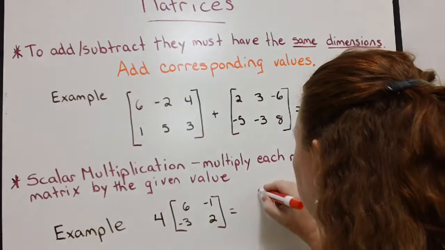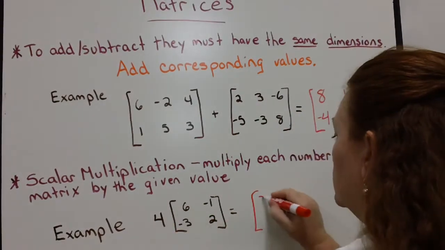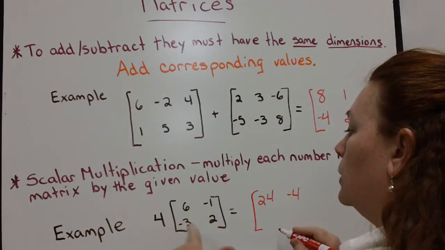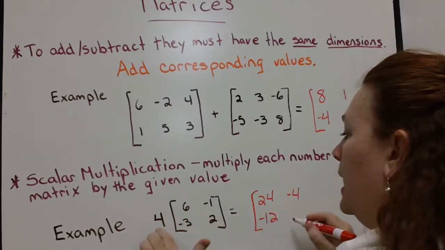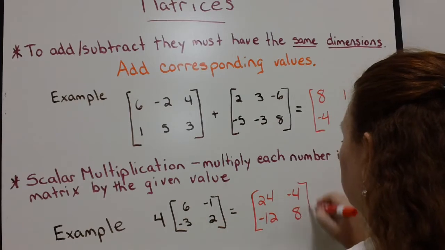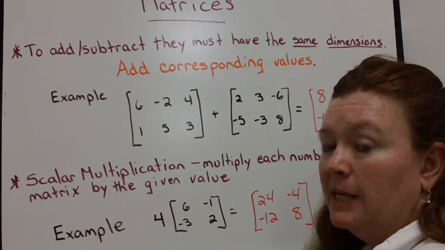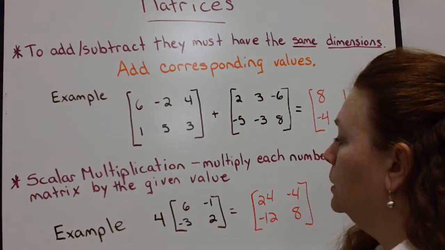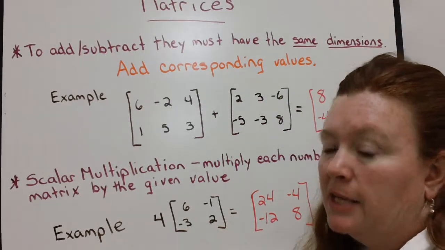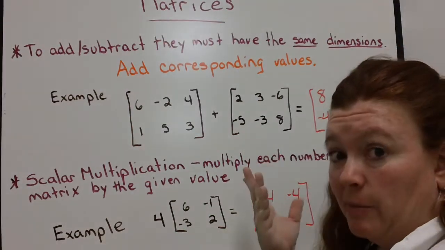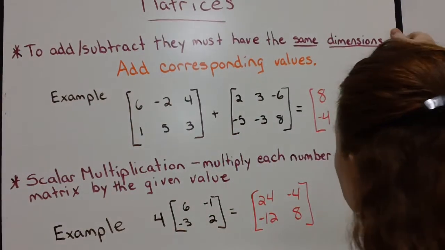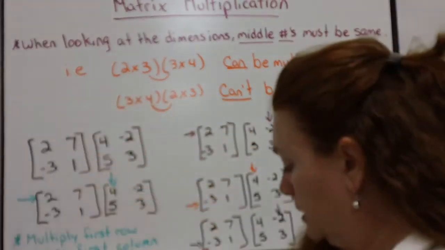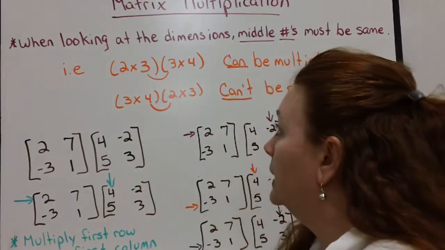So, 4 times 6 is 24. 4 times negative 1. 4 times negative 3. And 4 times 2. That's it. Now, we could combine some of these and have, for example, 2 times 1 matrix plus or minus 3 times another matrix. But you've gotten some examples of that on your assignments, and we can do some more of those in class.